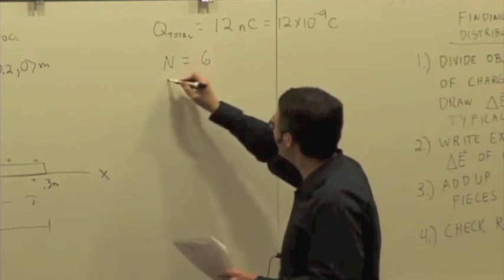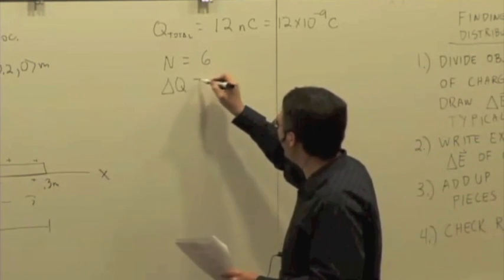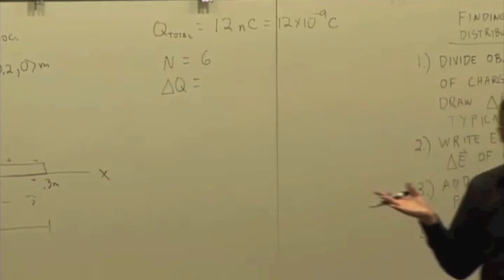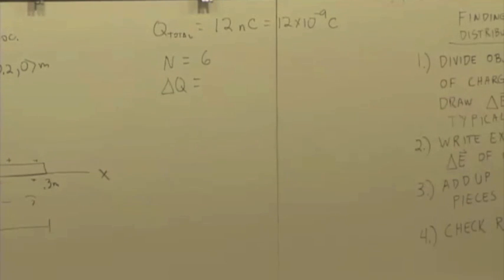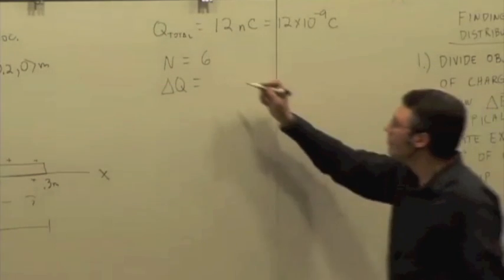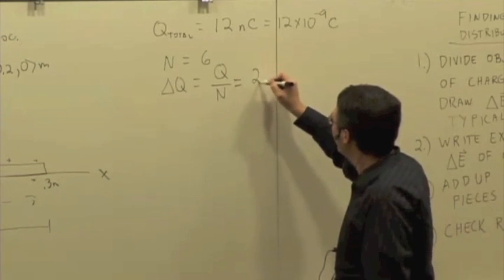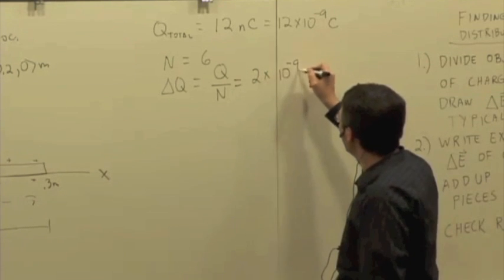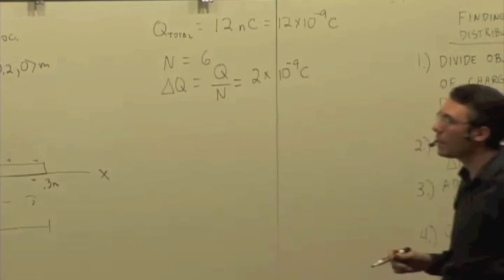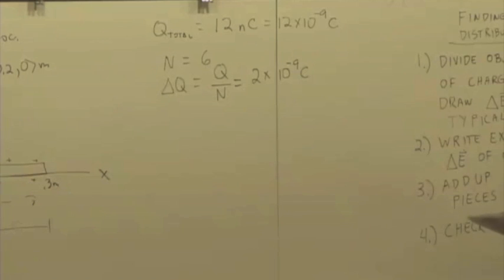And so that's 6. Delta Q then is going to be what? How much is going to be the charge of one piece? 2 nanocoulombs, right? It's going to be Q, the total Q divided by N, or 2 times 10 to the minus 9 coulombs.